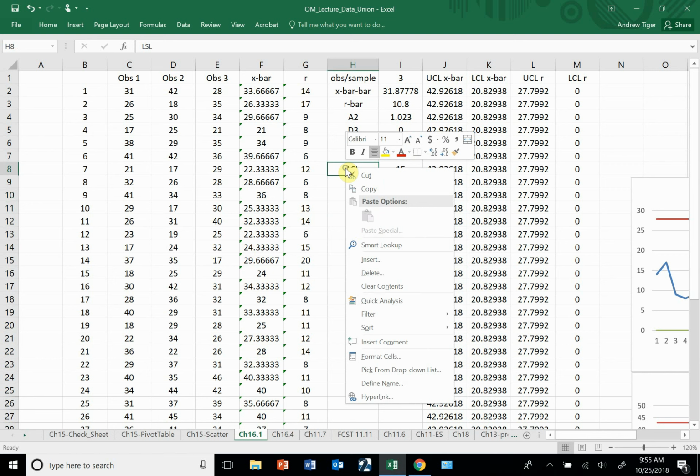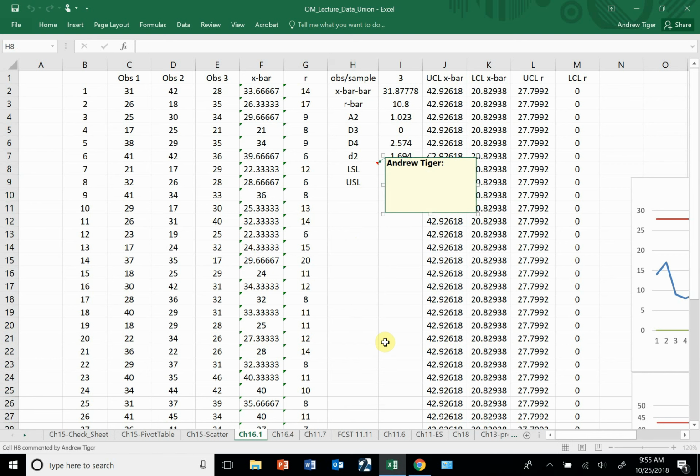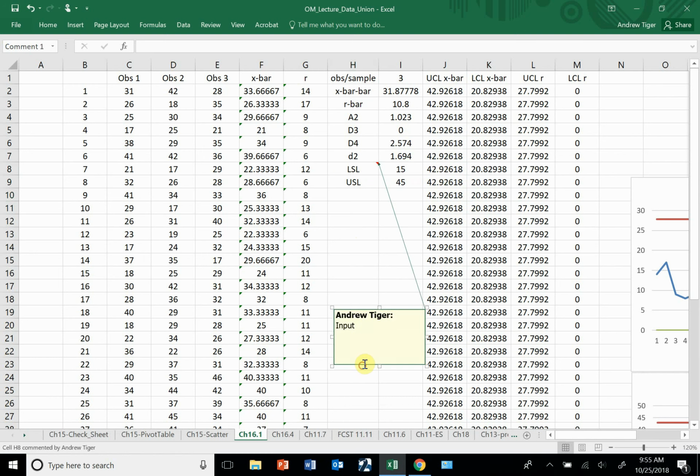These are inputs. You don't calculate them. They are given to you from the customer. So these are the upper and lower specification limits. I need to make sure that when I produce a tire, the tread wear should be between 15 and 45. If it's outside of that, it's not a good tire.